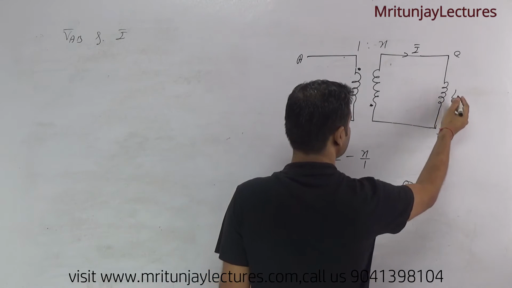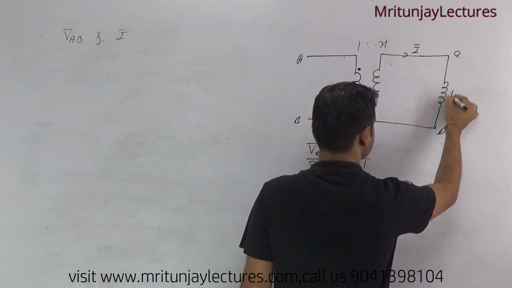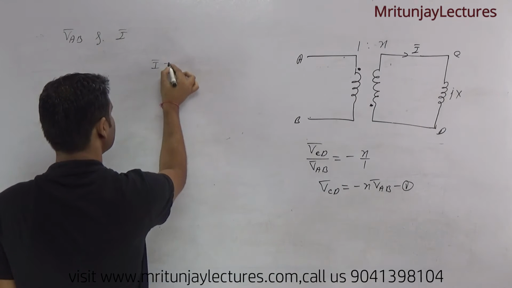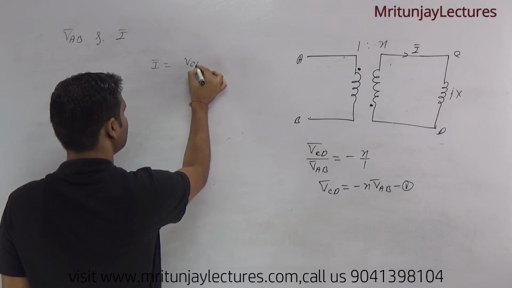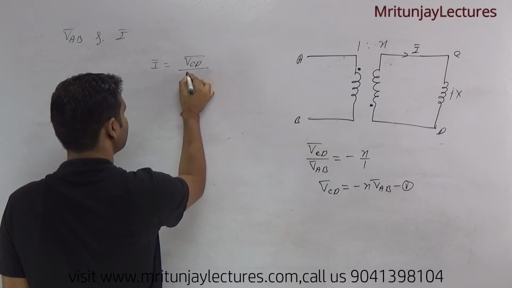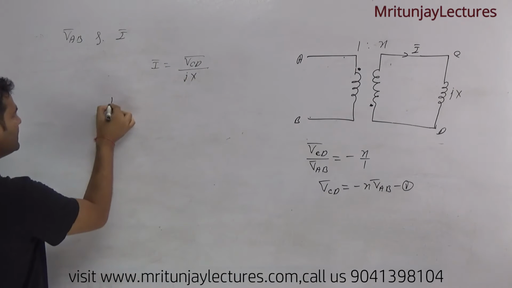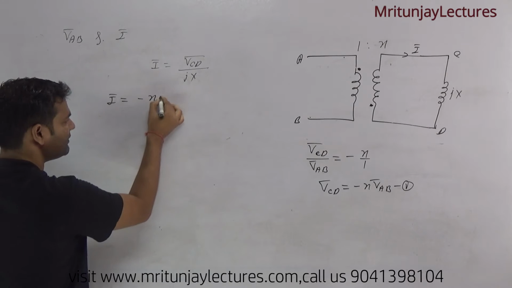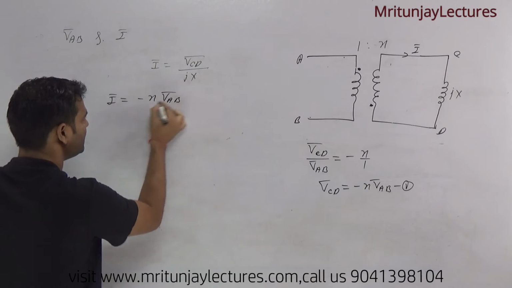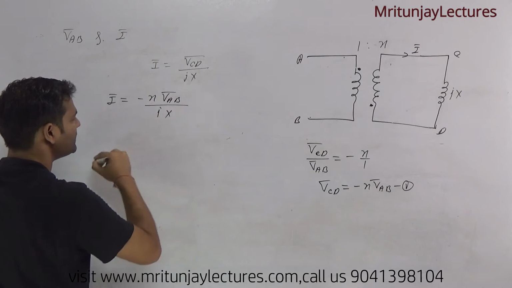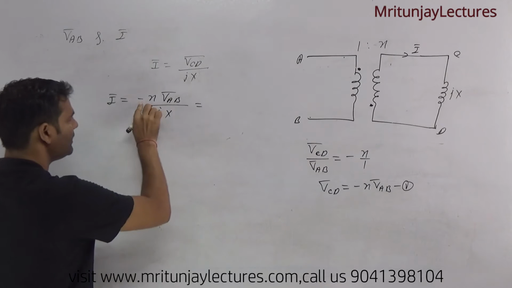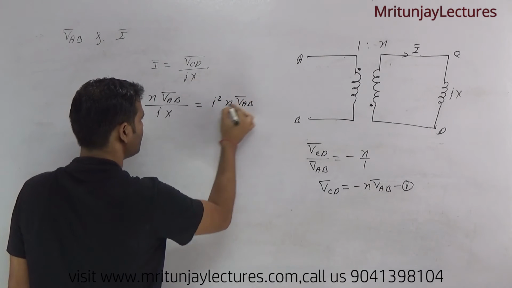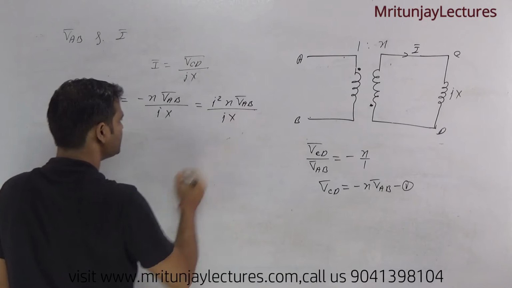Next target is the inductance, or you can say jX. What about I? I is written as V of CD divided by jX. What about V of CD? That is minus n V of AB divided by jX, which is j square n V of AB divided by jX.